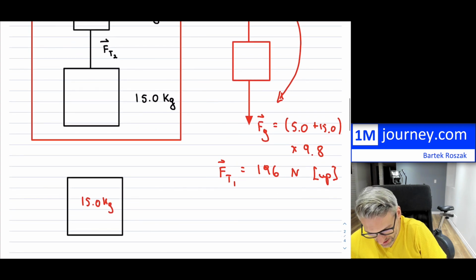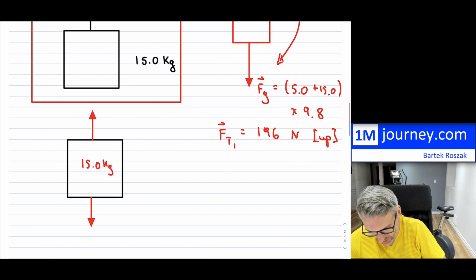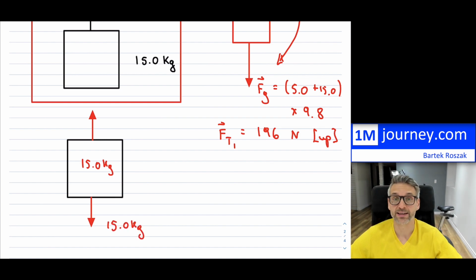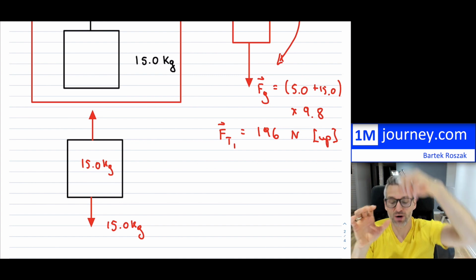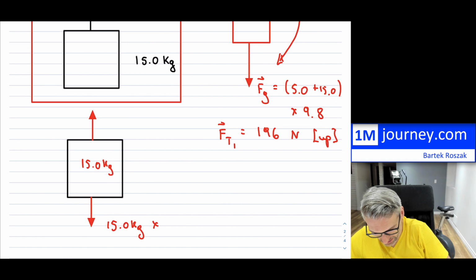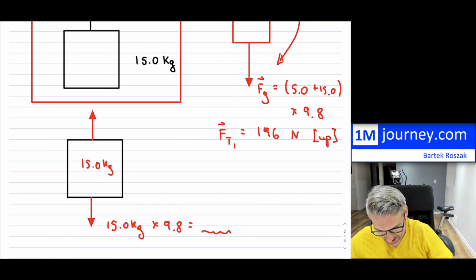This tension force would balance off with this. The force of gravity in here is going to be different. This is 15 kilograms, no longer 20, because we're not considering the upper box as well. So it's going to be 15 times 9.8, and then we can get exactly what our answer is.